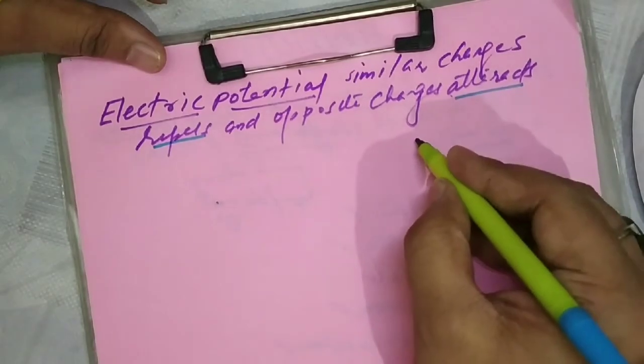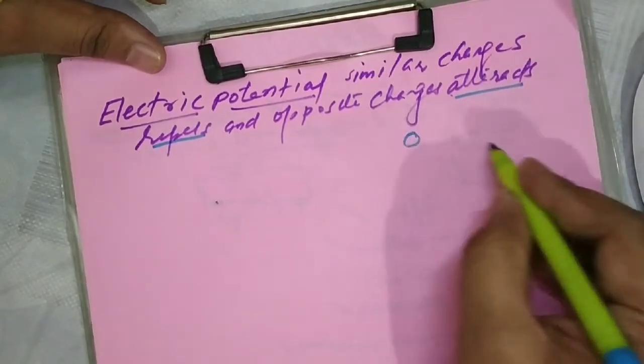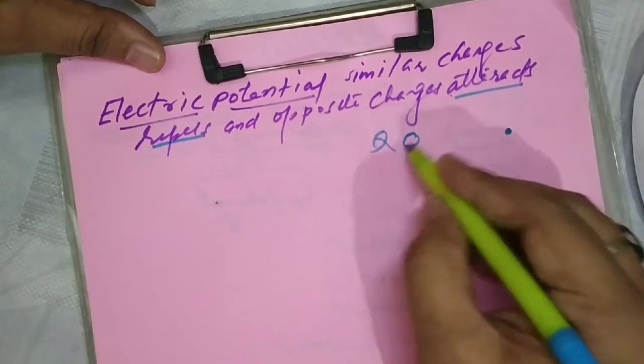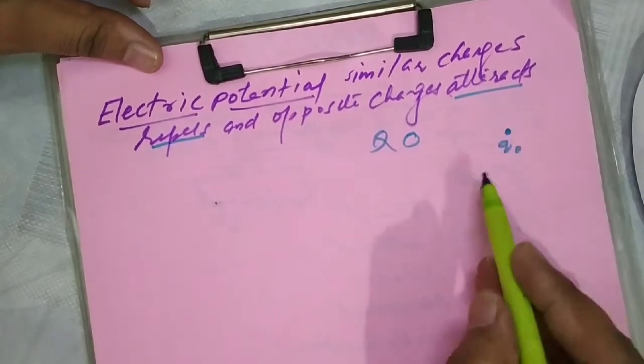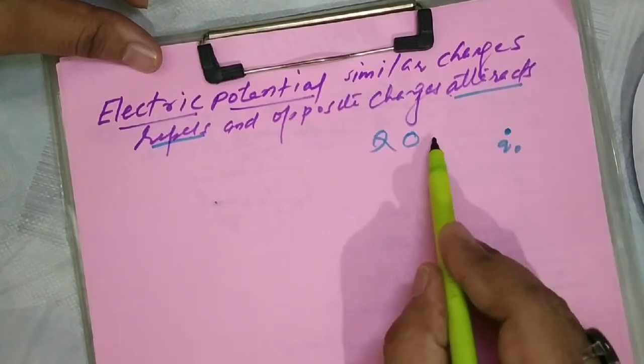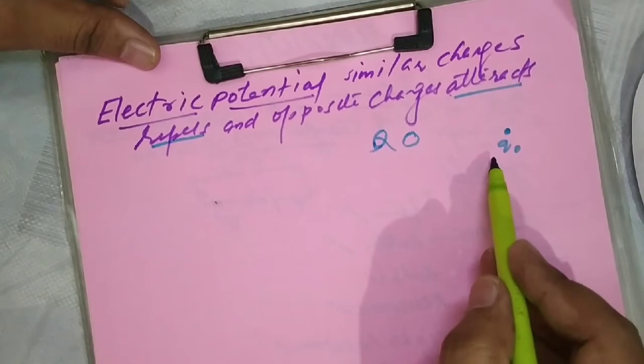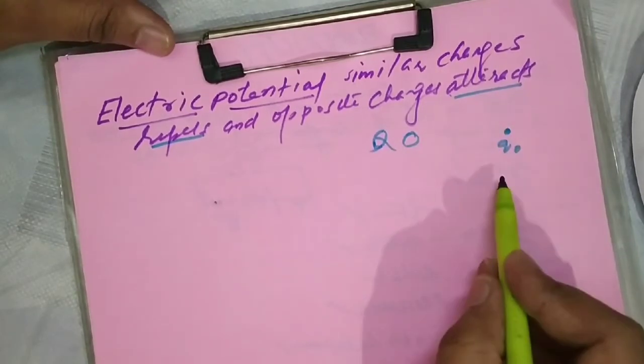Suppose that there is a charge and you want to move another charge, say Q0, from this place to this place or away from it. In both cases we have to do some work to overcome the repulsion or attraction force.